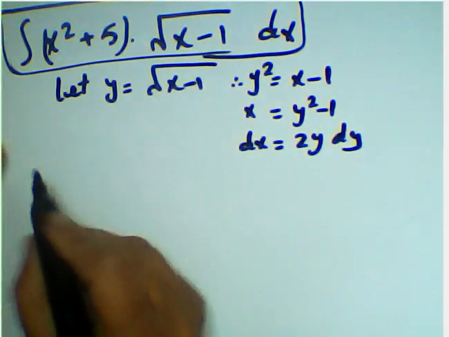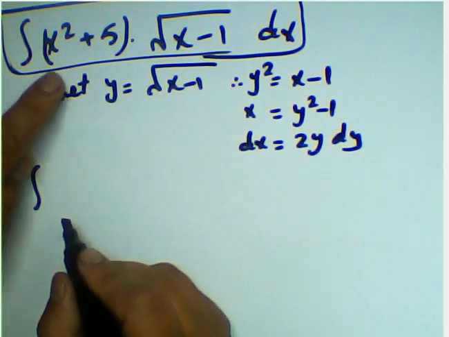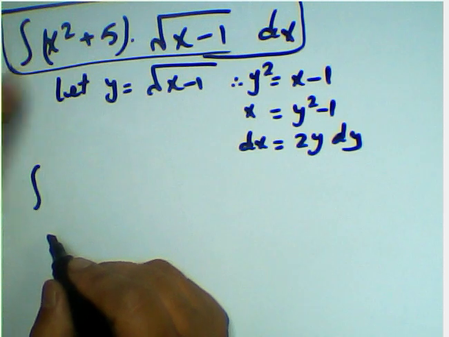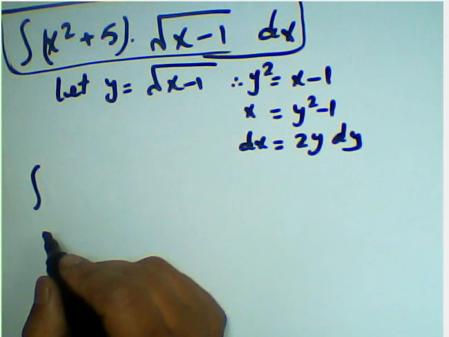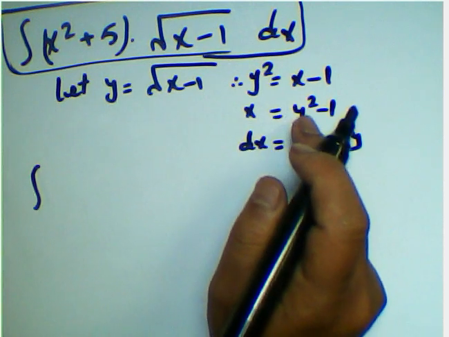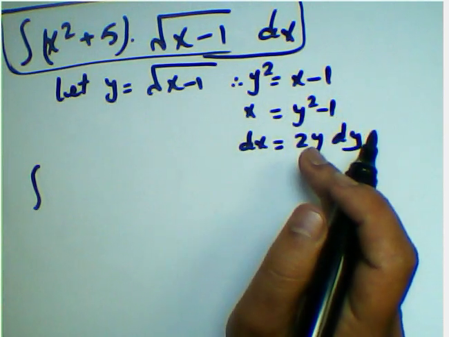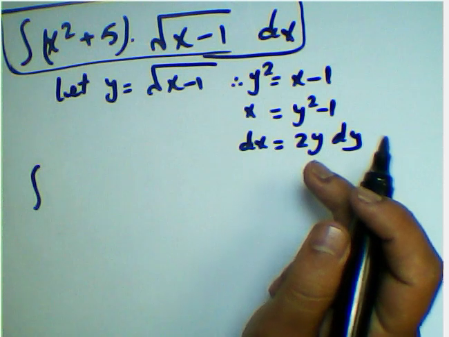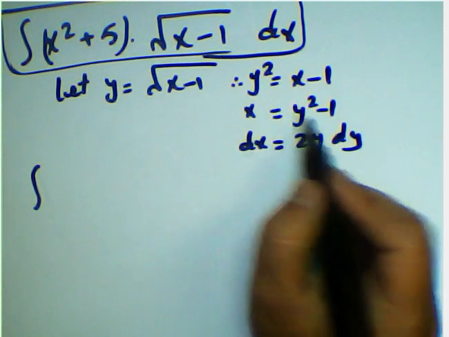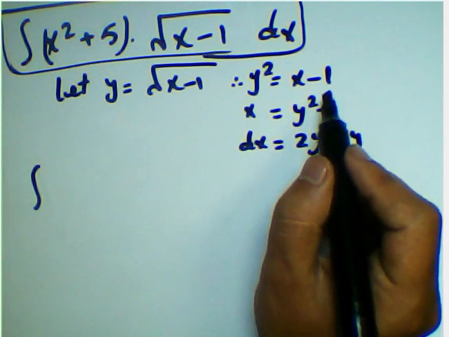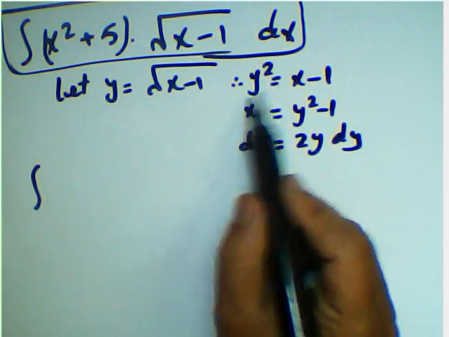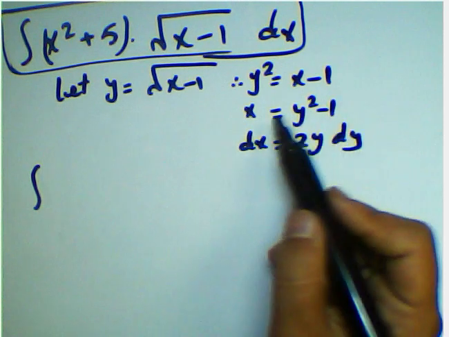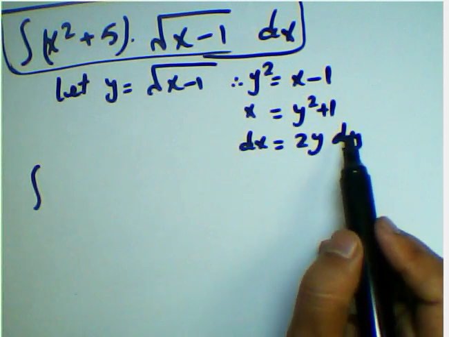Look at this function here, integration about it. I will write integration here: x power 2 plus 5, where x equal y power 2 plus 1. We can move here: y power 2 equal x minus 1, and then x equal y power 2 plus 1.